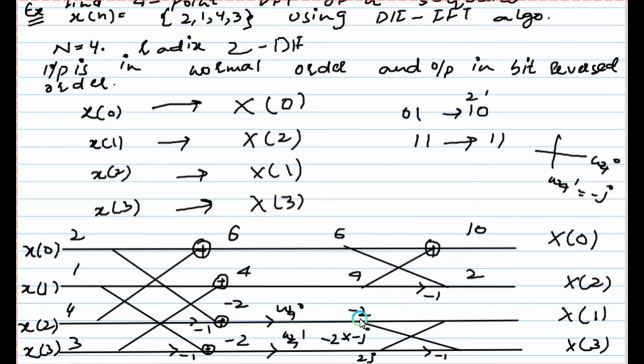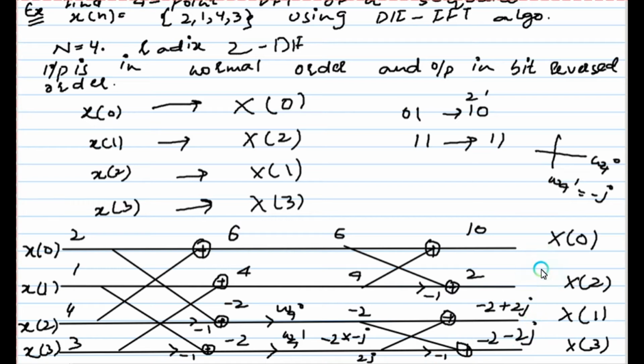We have a summation everywhere. Here it will be minus 2 plus 2J, and finally this 2J will be multiplied by minus 1, so it will be minus 2J. So it will be minus 2 minus 2J.